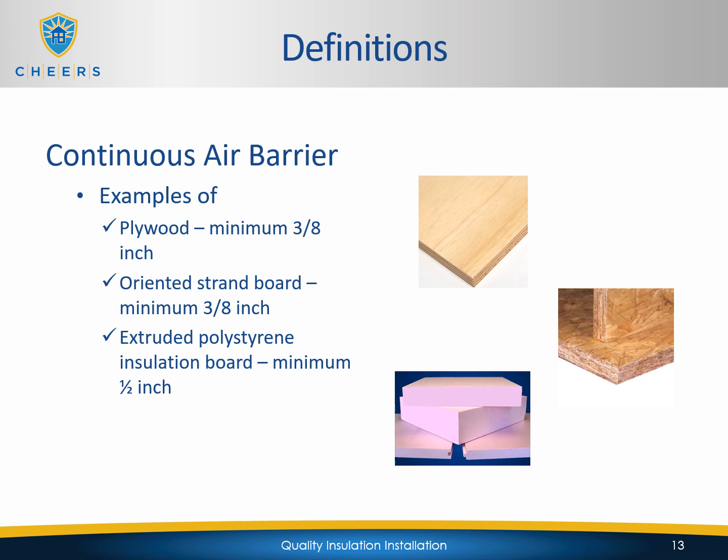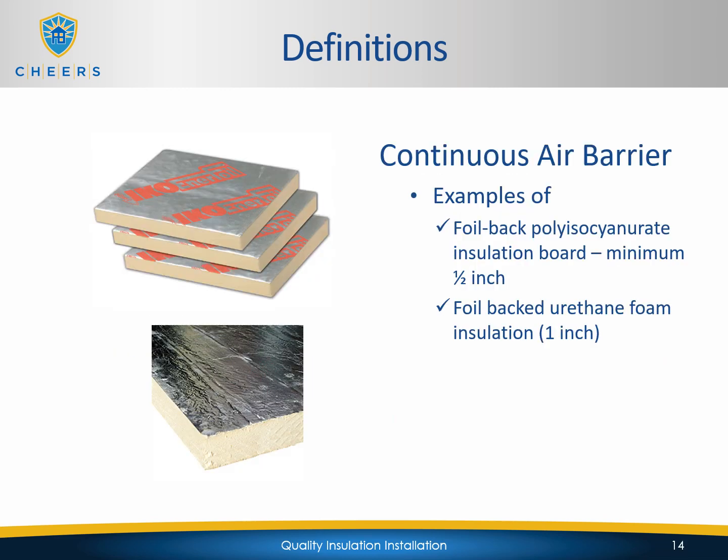So here are some examples of materials that are approved for use as a continuous air barrier. You can use plywood, minimum 3/8 of an inch, oriented strand board, minimum 3/8 of an inch, extruded polystyrene insulation board, minimum 1/2 an inch, foil back polyisocyanurate insulation board, minimum 1/2 an inch, or foil back urethane foam insulation, 1 inch.